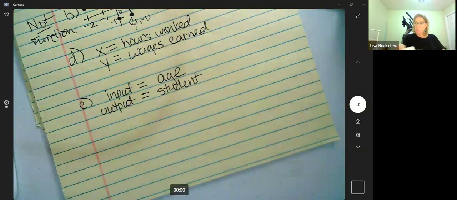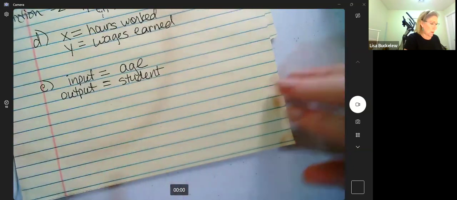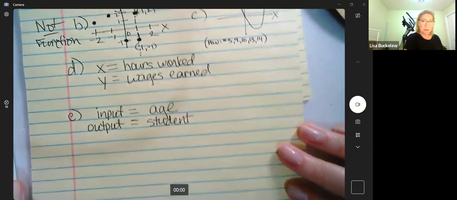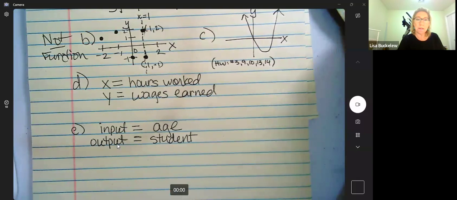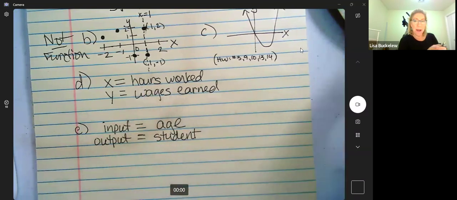Okay, so sometimes the more difficult question about whether or not it's a function is when it's a verbal description of the inputs and outputs, and you're trying to decide if you could have repeated inputs or not.